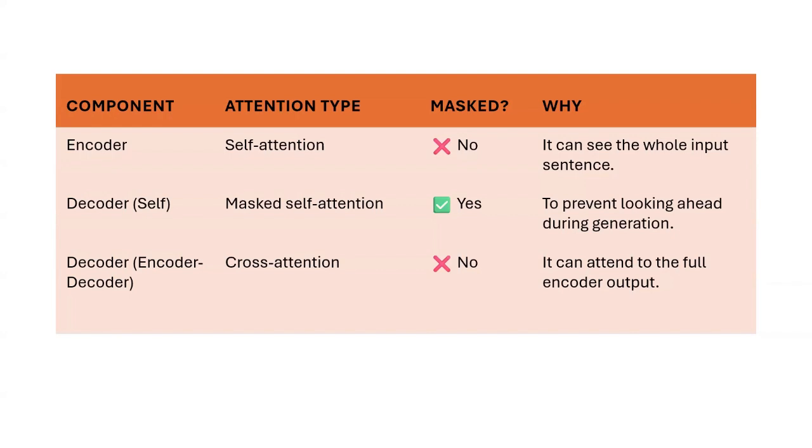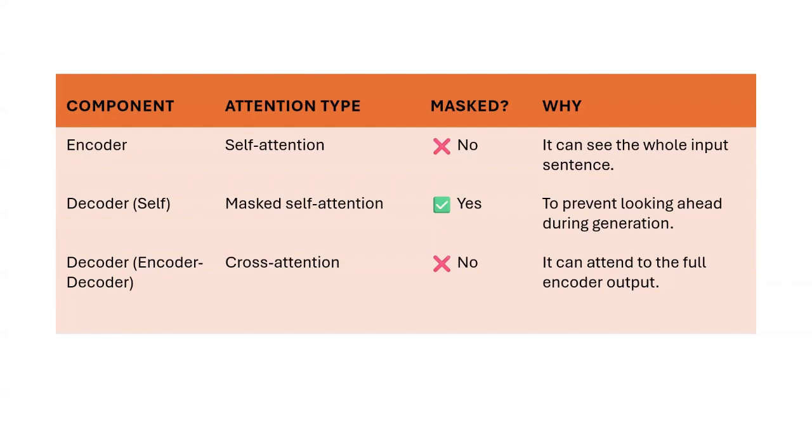Mask means the model does not see the future tokens, future word embeddings, right? Then there's the decoder. This uses masked self-attention, but cross-attention does not use a mask. It can attend to the full encoder output. So only decoder-only models use masked self-attention.